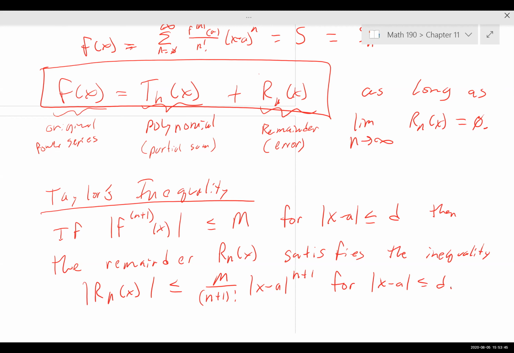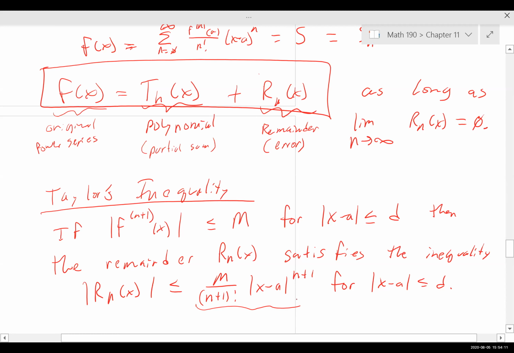So what the heck does this all mean? We're just saying that there is a difference between how the function behaves and how the polynomial behaves, and that this remainder is going to be bounded by the next term.